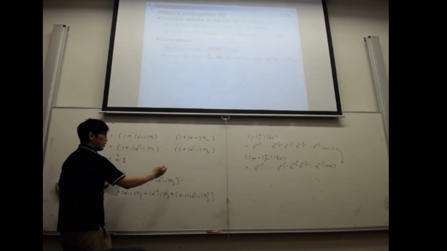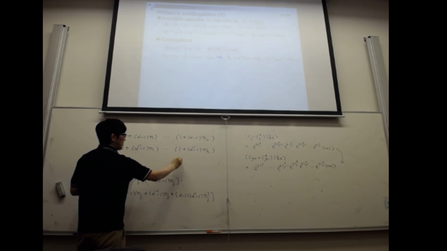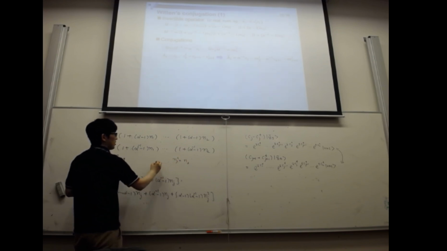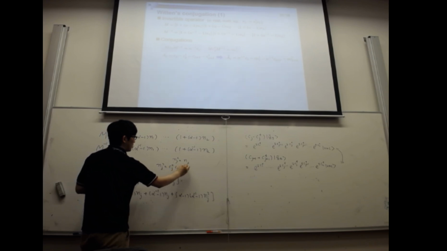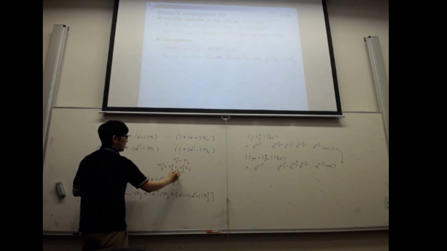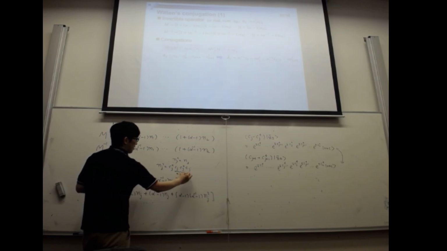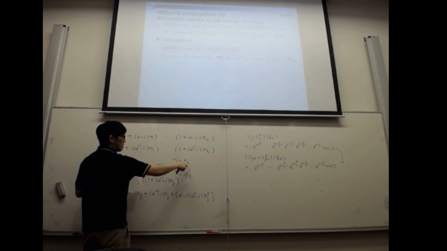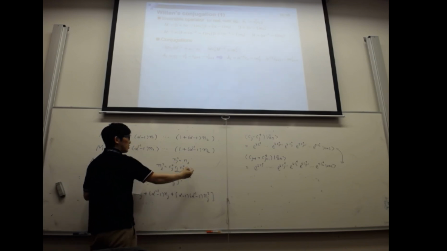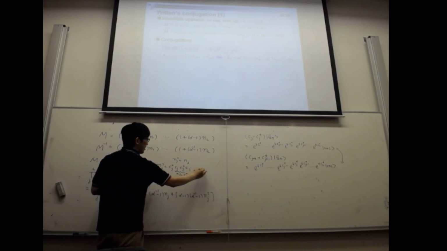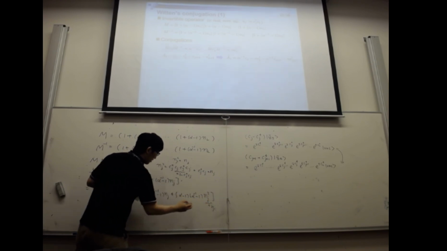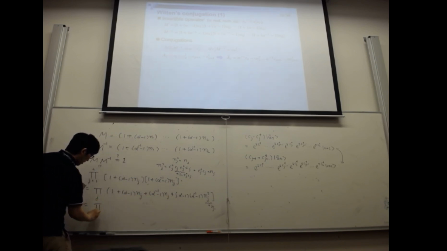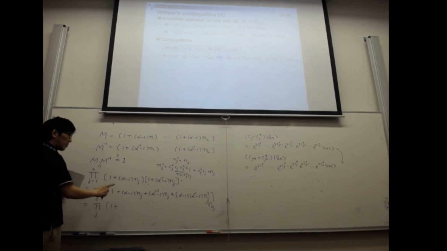But nj squared is just nj, because nj squared is cj dagger cj, cj dagger cj. Using the anti-commutation relation between c and c dagger, you get 1 minus cj dagger cj. But because c squared is 0, you just get cj dagger cj, which is nothing but nj. So you can rewrite it as nj. And then here you only have 1 plus something linear in n.